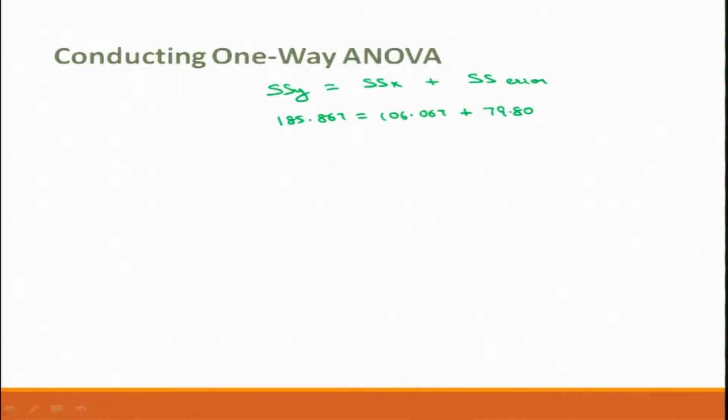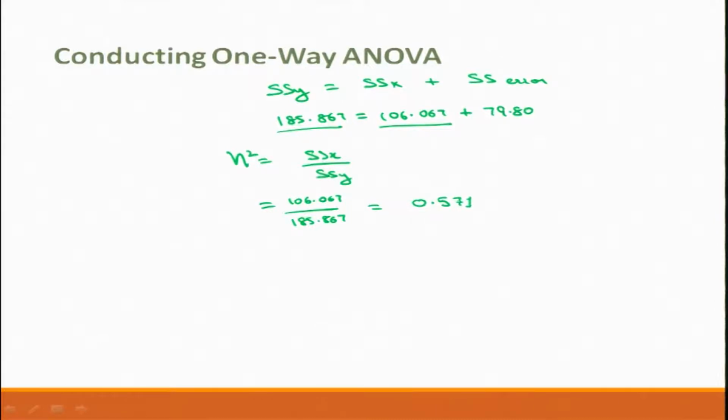So the strength of effects, that is eta square, we can calculate by SSX by SSY. SSX value is 106.067 and SSY value is 185.867. So this value is 0.571.